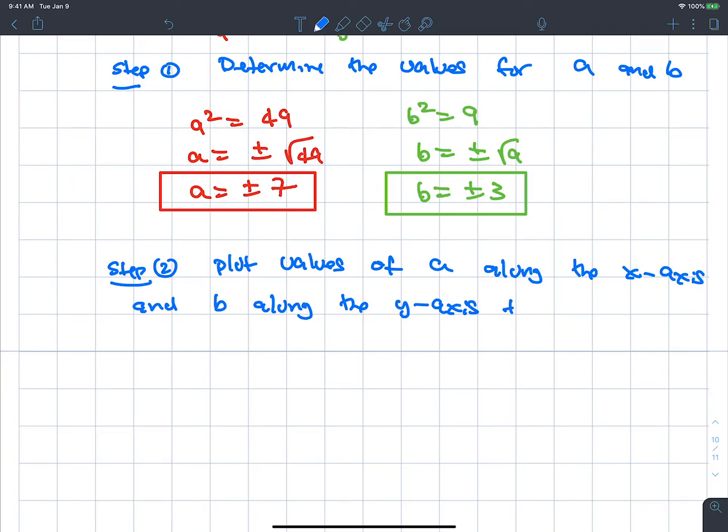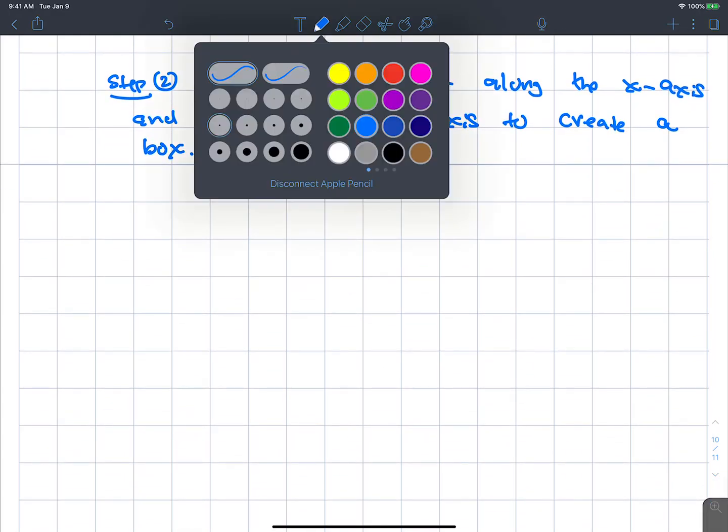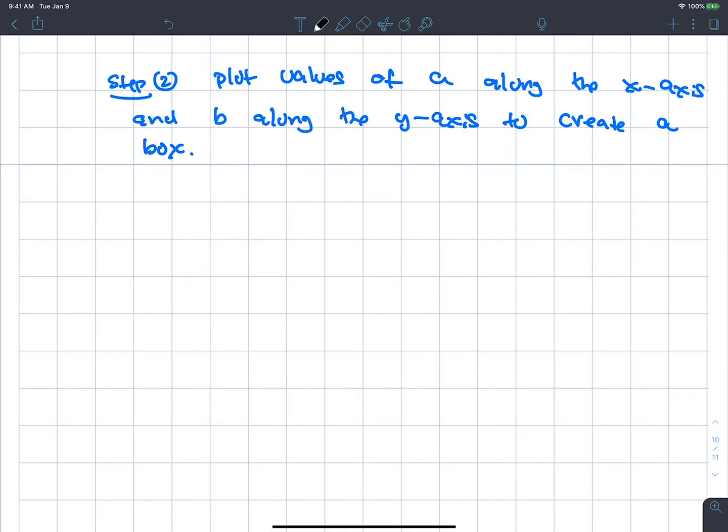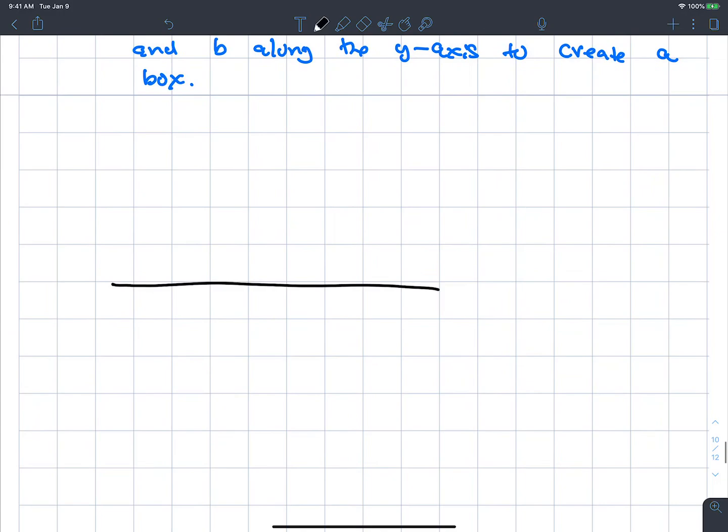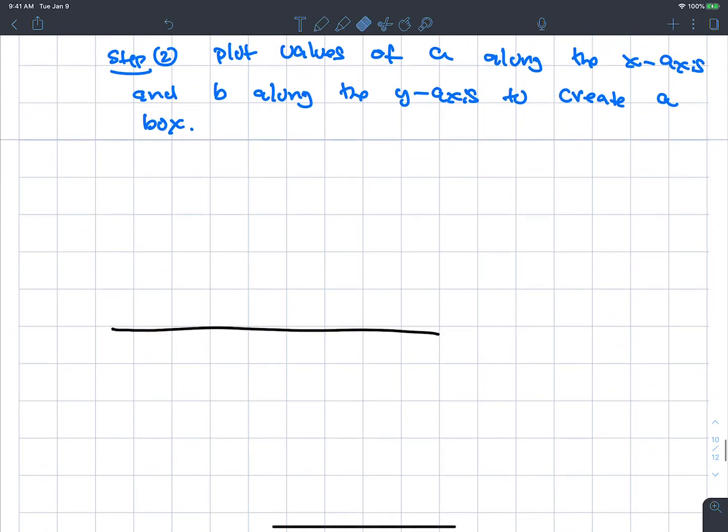To create a box. So here's what we mean by that. I'm going to draw this here, and I'm going to have to sketch this.